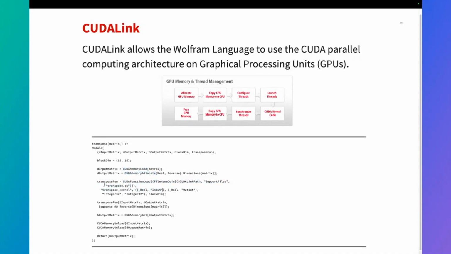There is a kernel in a CUDA file, transpose.cu, which is compiled using the NVIDIA compiler and loaded, and then you have a function interface, transpose, found in the kernel, which you can apply to your matrix data. When you are done, you have to get it back, make sure to clean and free your memory, and return it.